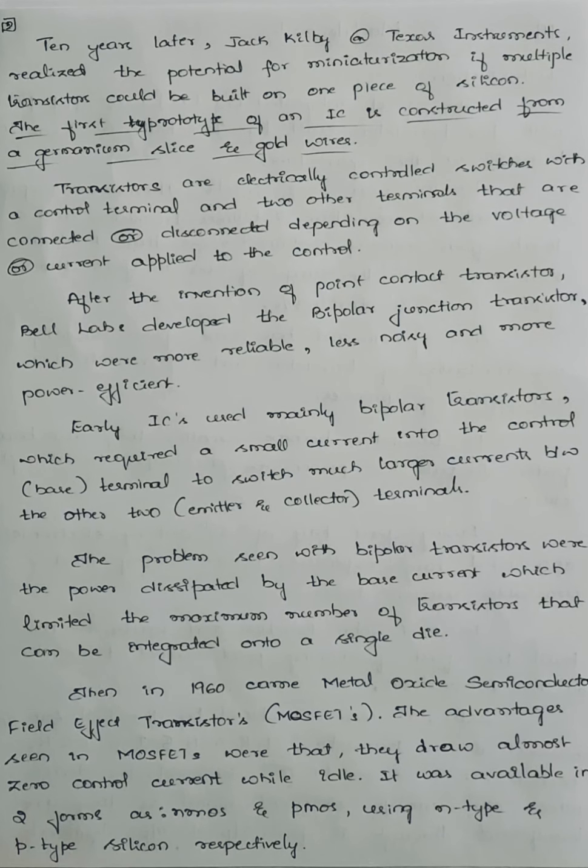Then in 1960 came metal oxide semiconductor field effect transistors, which we call MOSFETs. The advantage of MOSFETs was that they draw almost zero control current while idle. They were available in two forms, NMOS and PMOS, using N-type and P-type silicon respectively.